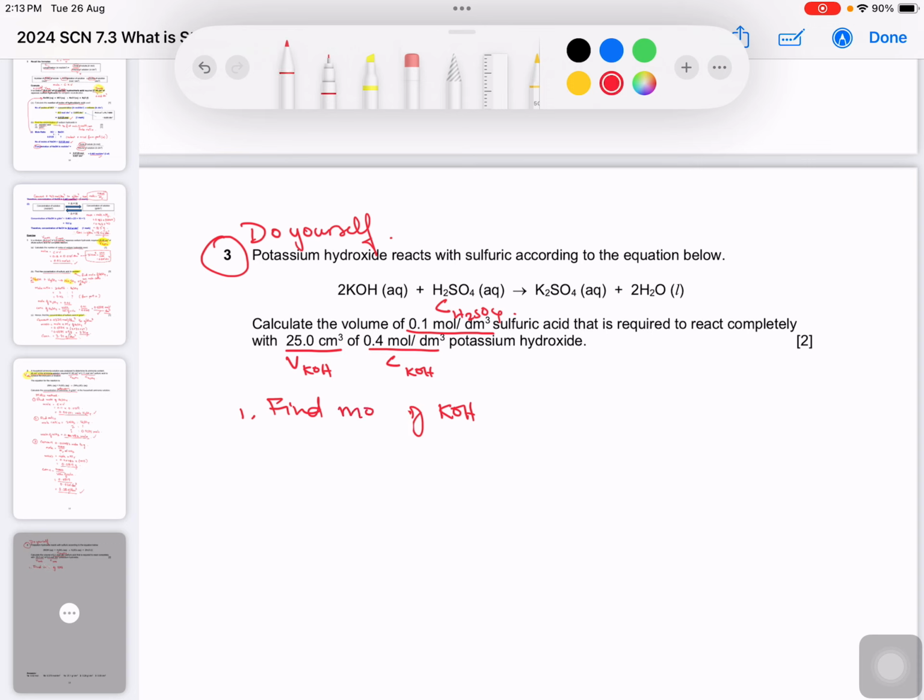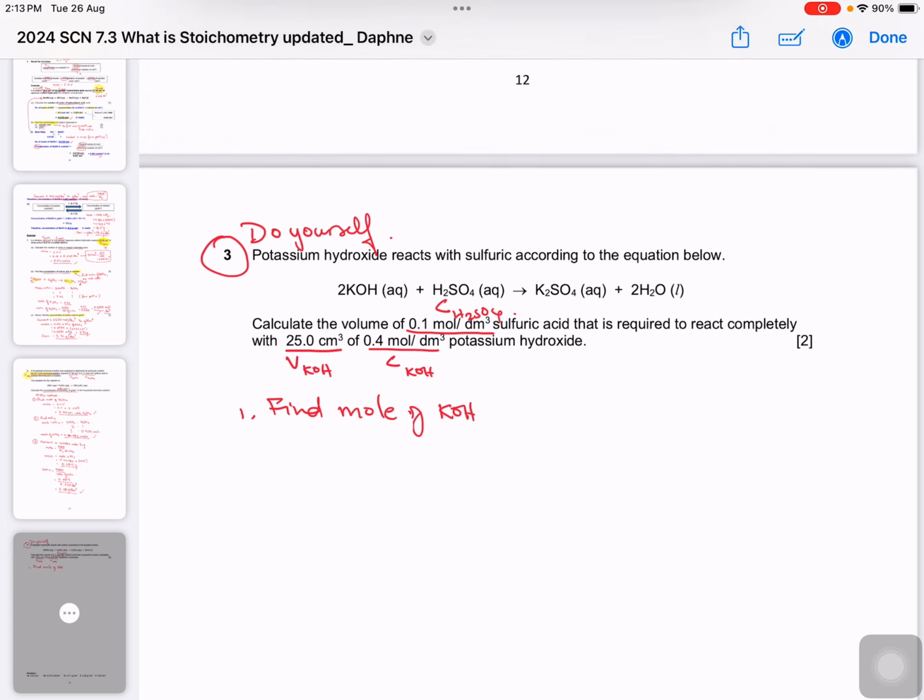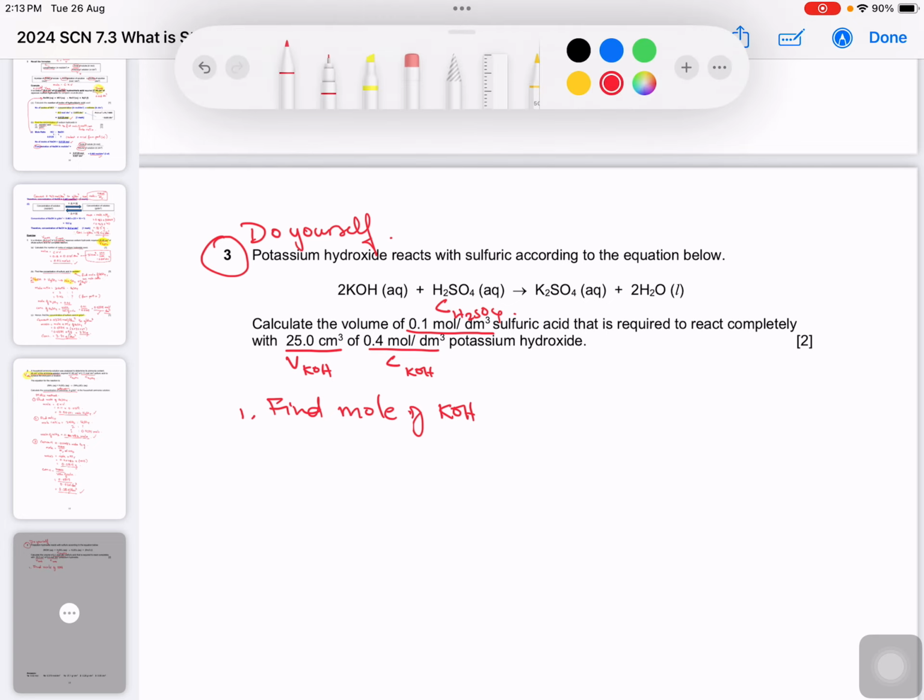Find mole of KOH. So it'll be mole equals to concentration times volume, 0.4 times 0.025, 0.01.